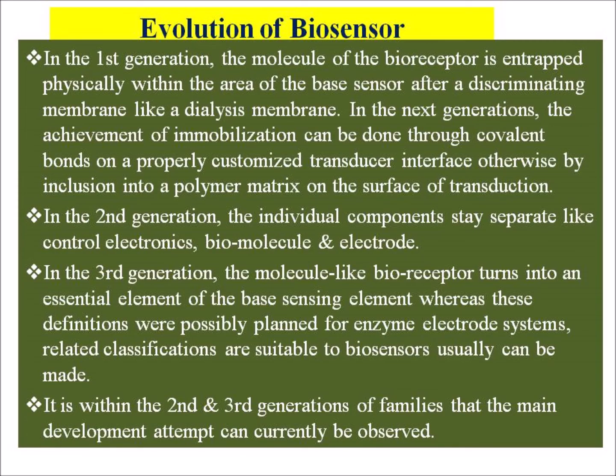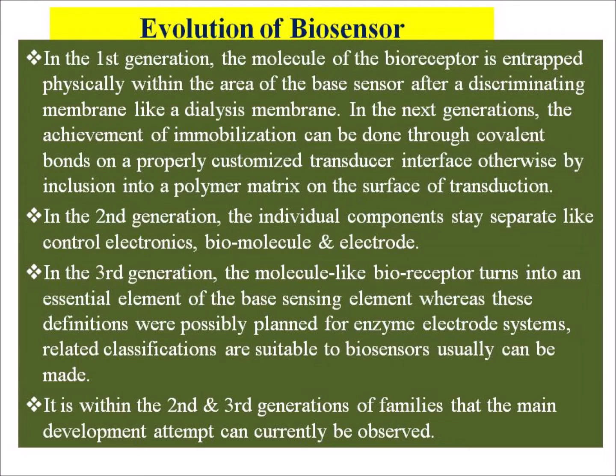In the first generation, the molecule of the bioreceptor is entrapped physically within the area of the base sensor after a discriminating membrane like a dialysis membrane. In the next generations, immobilization can be done through covalent bonds on a properly customized transducer interface, otherwise by inclusion into a polymer matrix on the surface of transduction.